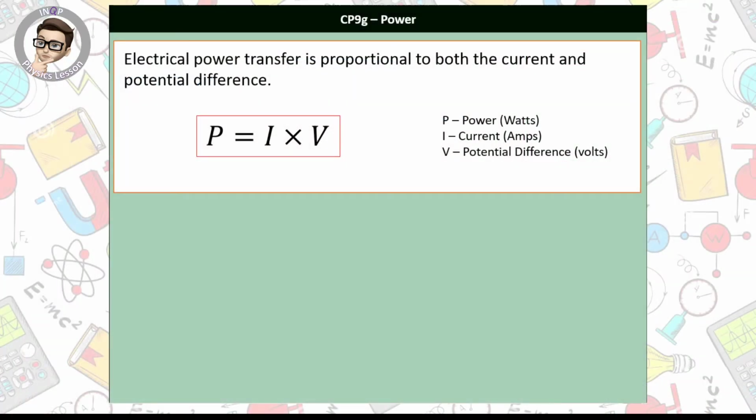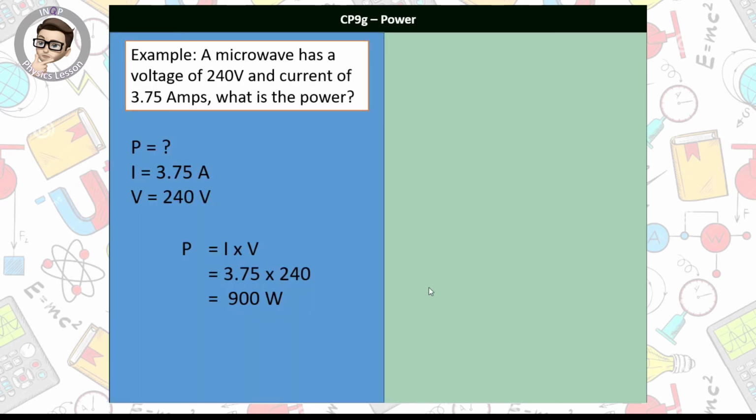So let's have a go at another example. Here we've got a microwave with a voltage of 240 volts and a current of 3.75 amps. And we're asked to work out the power. So in this case, we don't know P. So P is question mark. I, we know, is 3.75 amps. And V, we know, is 240 volts.